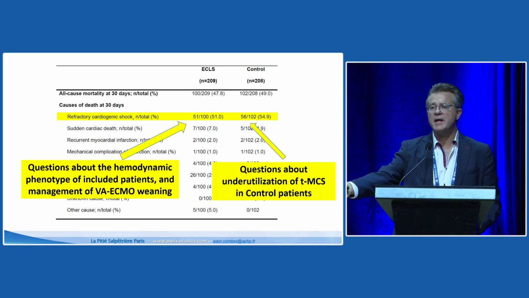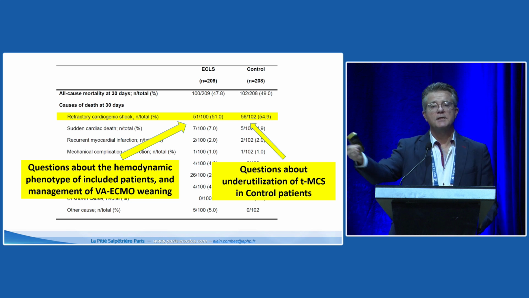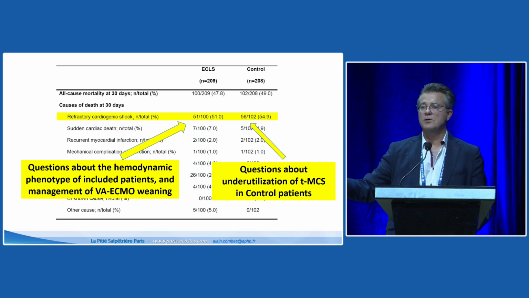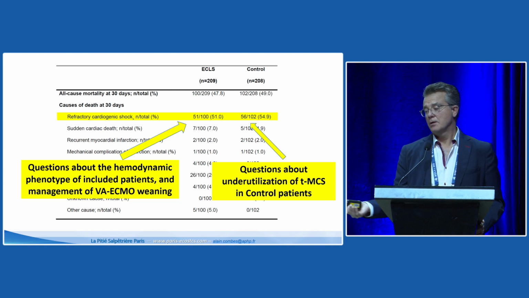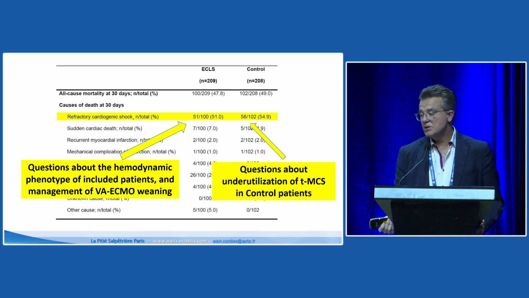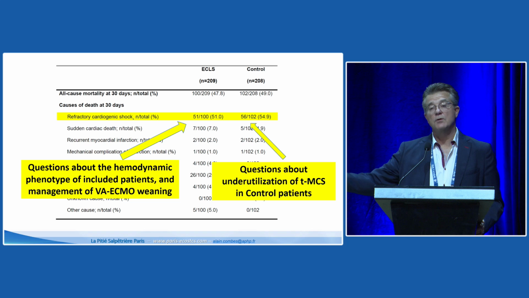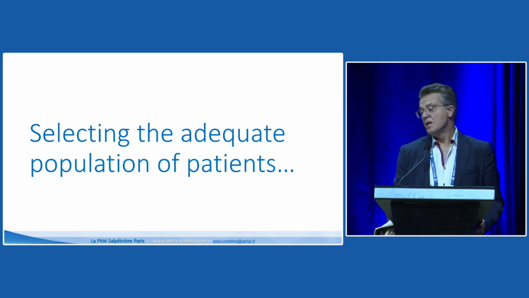Why would a patient on VA ECMO die of refractory cardiogenic shock? Was the patient weaned from VA and died later of refractory cardiogenic shock? Was it too early? We don't know. Also a question for the control group: why did so many patients die of refractory cardiogenic shock when it was possible to set up ECMO?